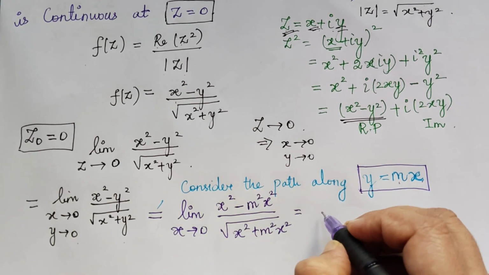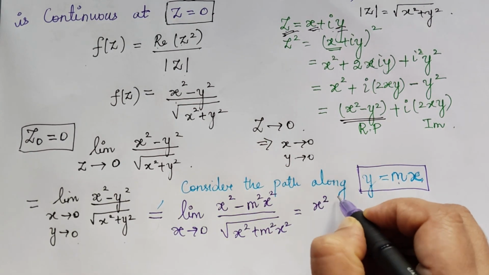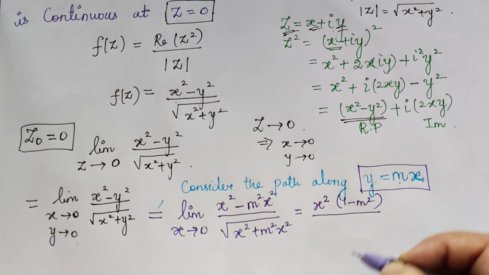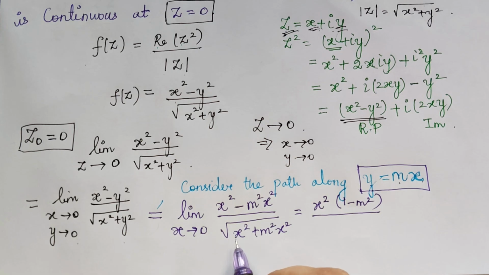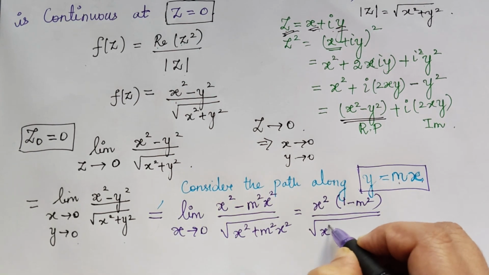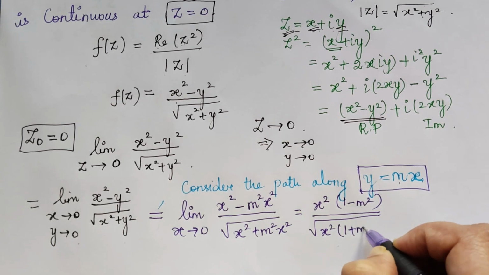Now in the numerator, x square is in common, so we will be having 1 minus m square. And in the denominator, within the square root, we have x square common, so square root of x square multiplied with 1 plus m square.